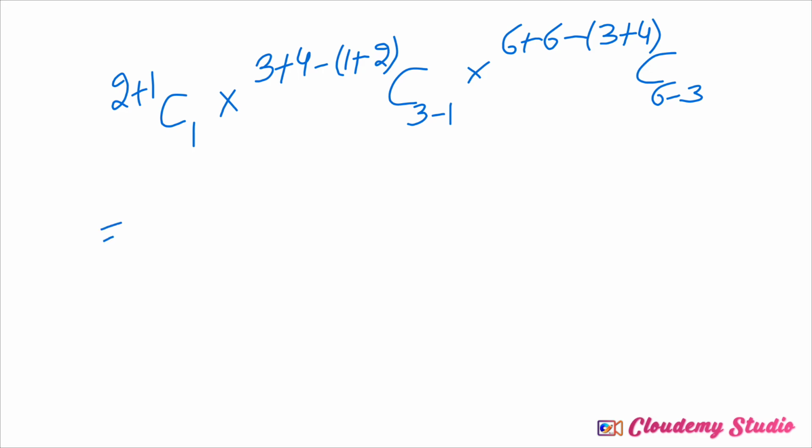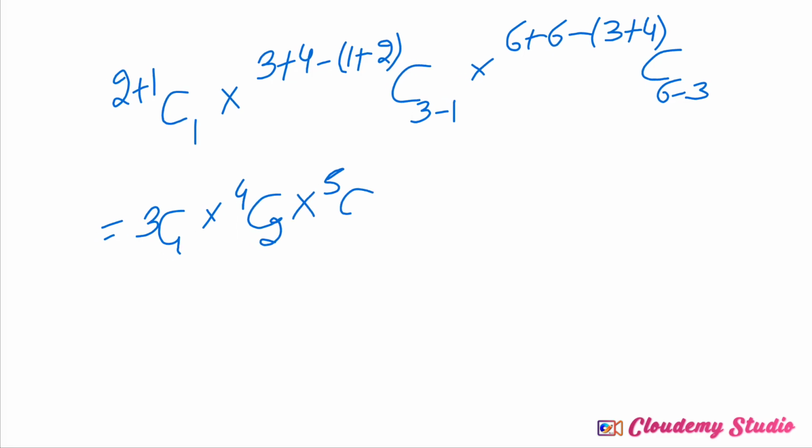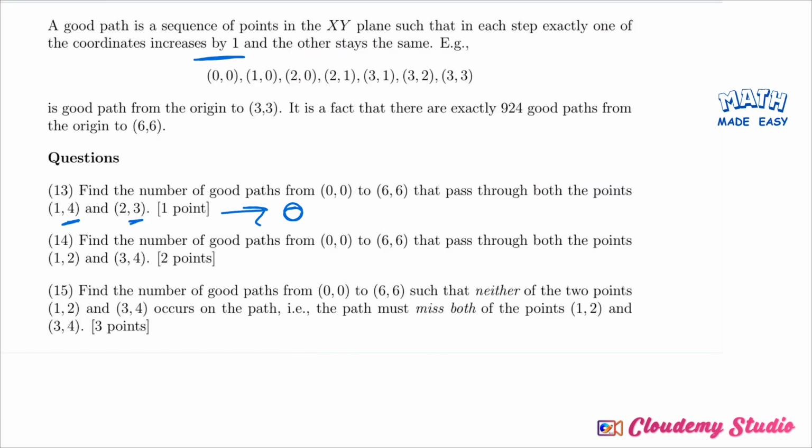So it is 3C1, 4C2 and 5C3. Solving, we get 180. What I have done is I have just used all the points which are given to us. So 14 is our 180.